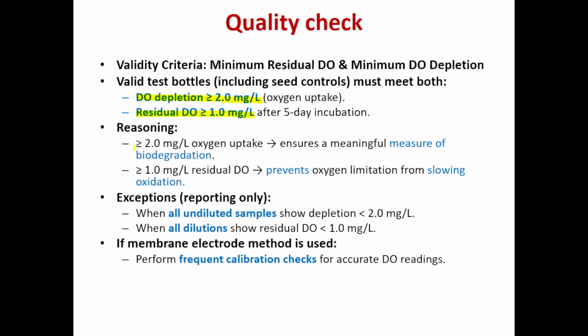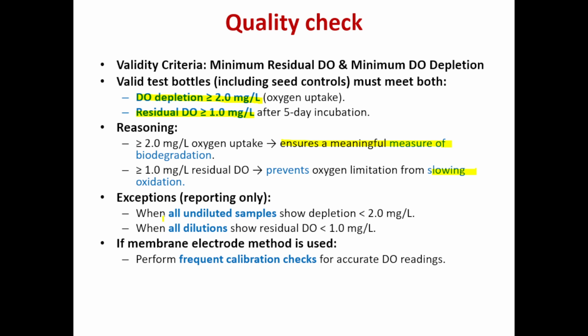because DO depletion of more than 2 mg per liter ensures a meaningful measure of biodegradation, and the residual DO of 1 mg per liter shows that it prevents oxygen limitation from slowing oxidation.